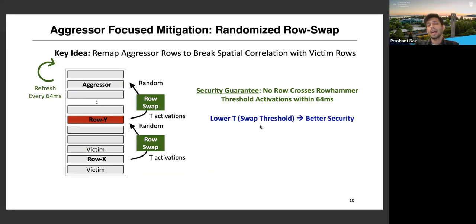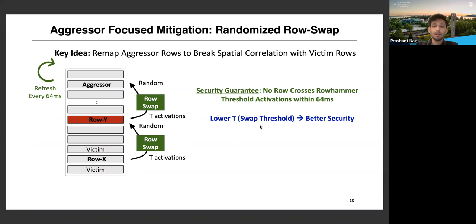The key idea in randomized RowSwap of swapping rows relies on the fact that you can swap rows before the row hammer thresholds are crossed. And this swap frequency is determined by the value of T. The lower the value of T, the lower the swap threshold, the better the security.